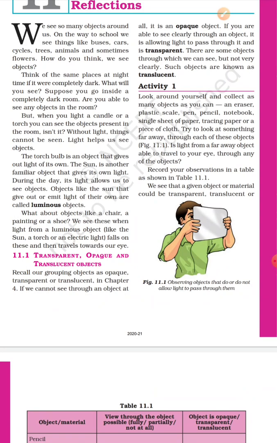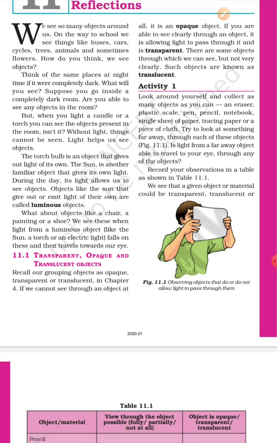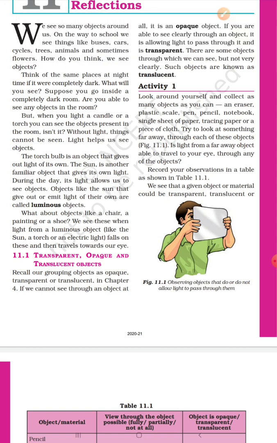For transparent objects, an example is glass. Glass is a transparent object. Why? Because we can see clearly through it, meaning it allows light to pass through it. So these are transparent.